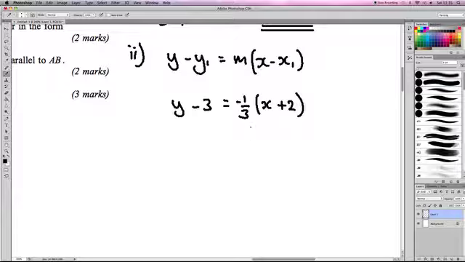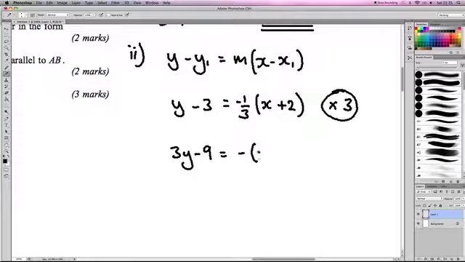Straight away, instead of working with fractions, you could just multiply the whole thing by 3. If you do that, you're going to end up with 3y minus 9 is equal to minus 1 times x plus 2. So that already is quite simple.